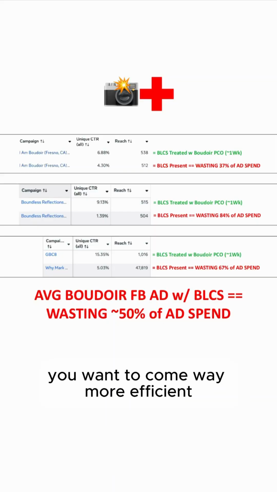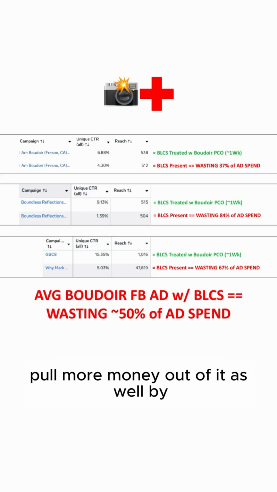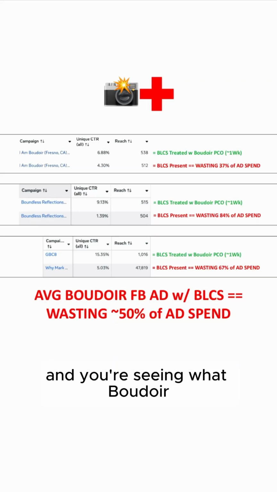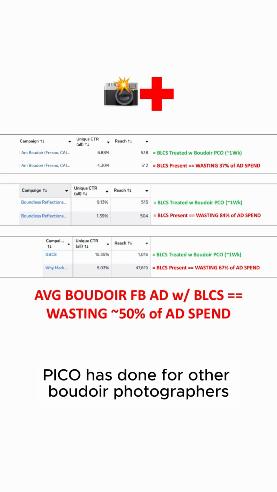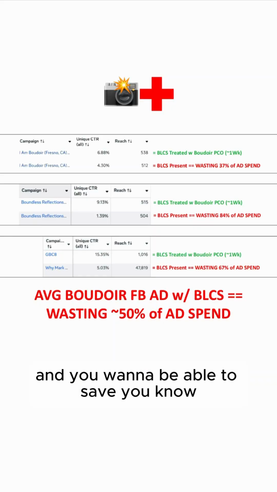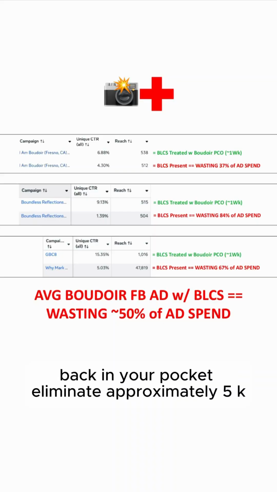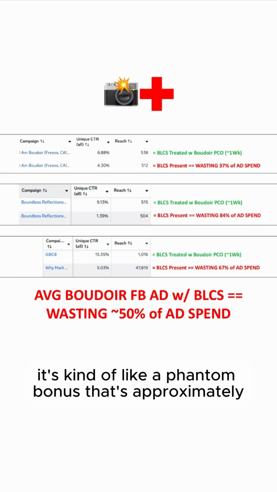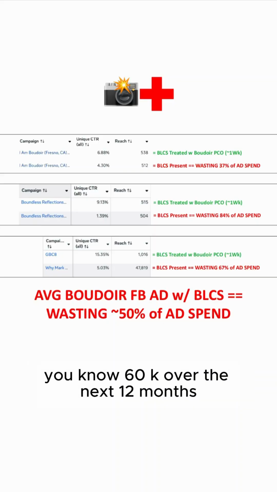You want to become way more efficient and pull more money out of it by plugging the leaks. And you're seeing what Boudoir Pico has done for other boudoir photographers' Facebook ads. And you want to eliminate approximately 5K of ad spend every single month, literally back in your pocket. It's kind of like a phantom bonus. And that's approximately 60K over the next 12 months.